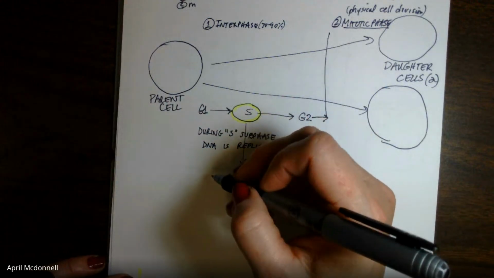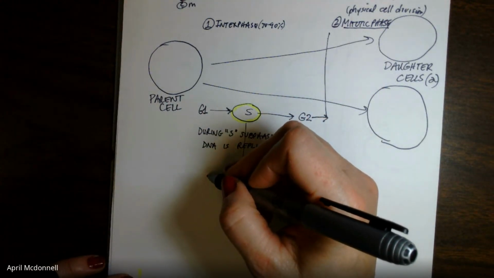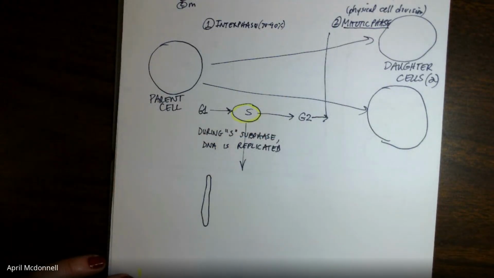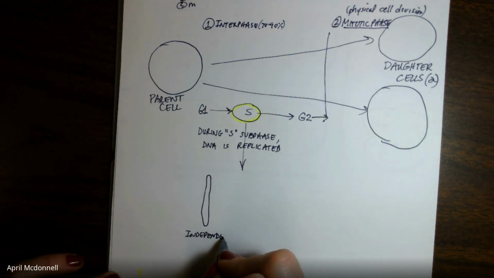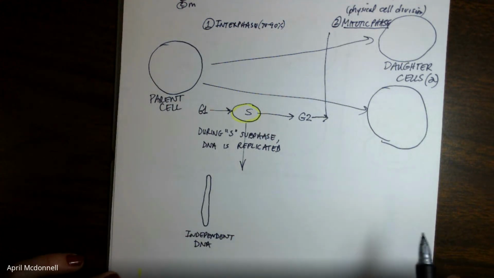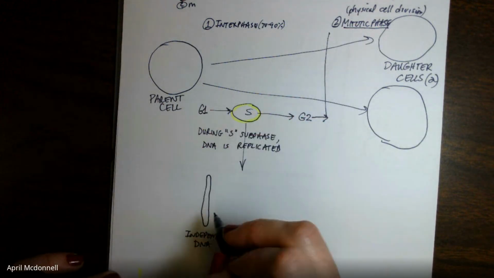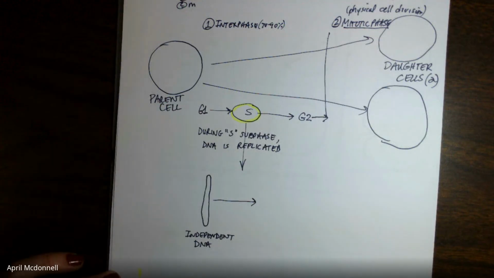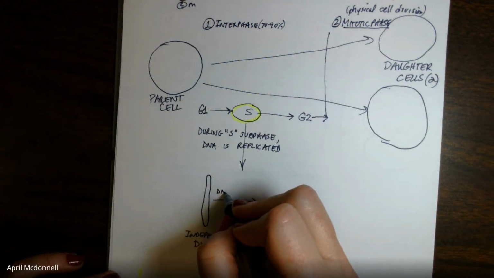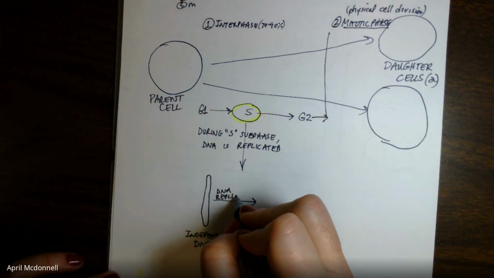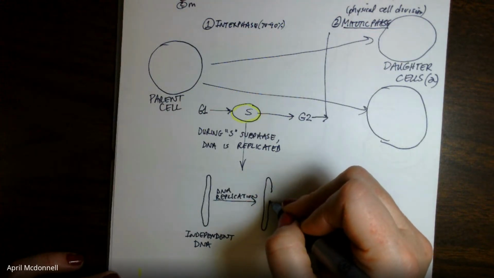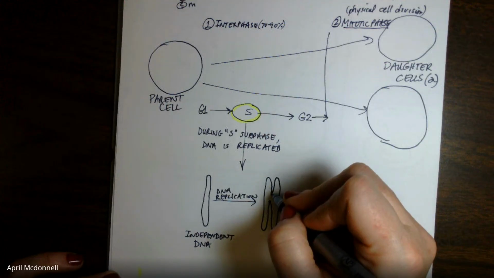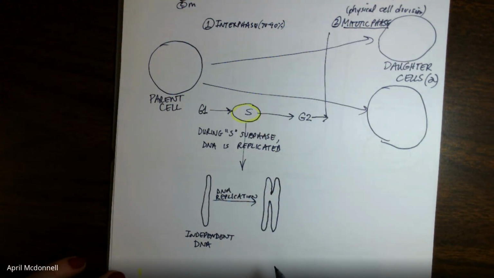So the parent cell starts off with a piece of DNA. We call this independent DNA. And then during the S subphase, a process called DNA replication occurs. And now we have 2 identical DNA molecules that are more or less connected together.